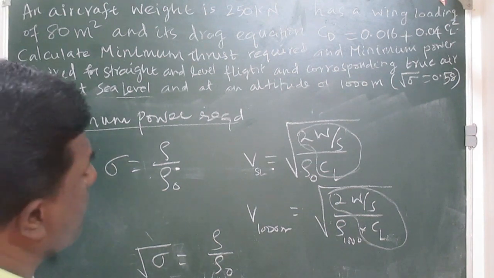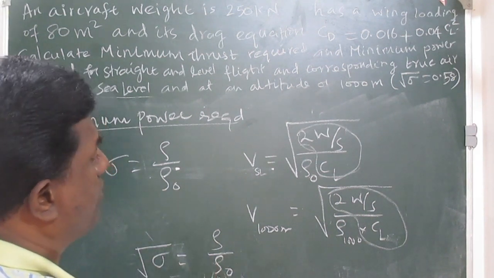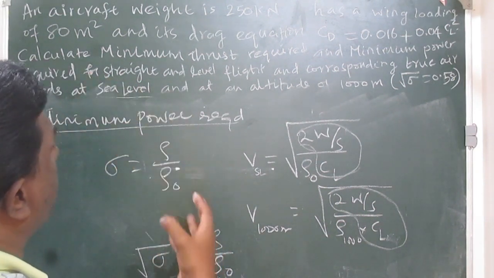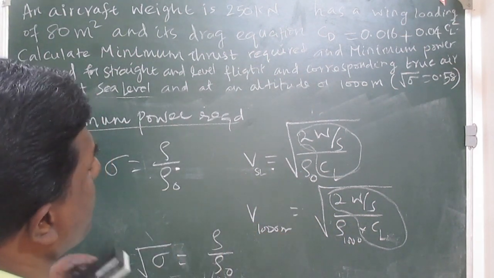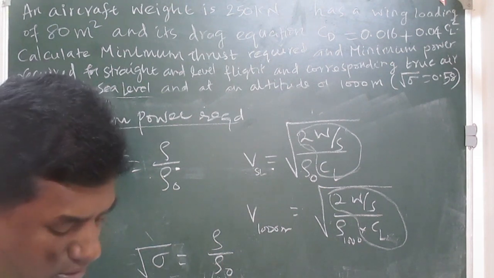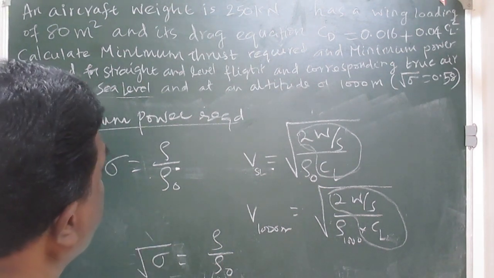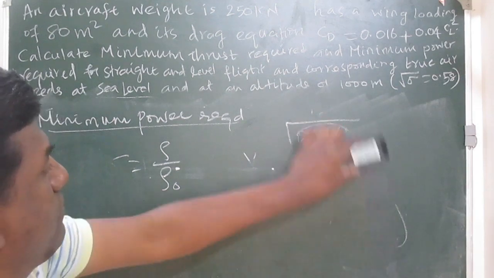Now, we have already seen that the thrust required minimum is the same at every altitude, so there will not be any change; that value remains constant. Whereas the power required minimum will be different.